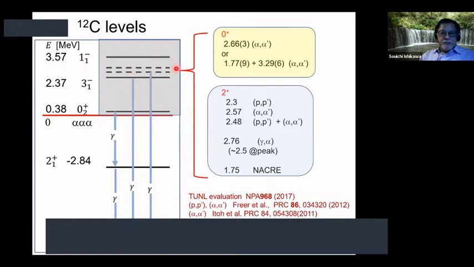Around here, some experimental reports show that there are resonances for 0+ or 2+ states. The experimental result for the resonance energy is a little different depending on the reaction mechanism, but anyway it is about 2.5 MeV above the 3 alpha breakup threshold.